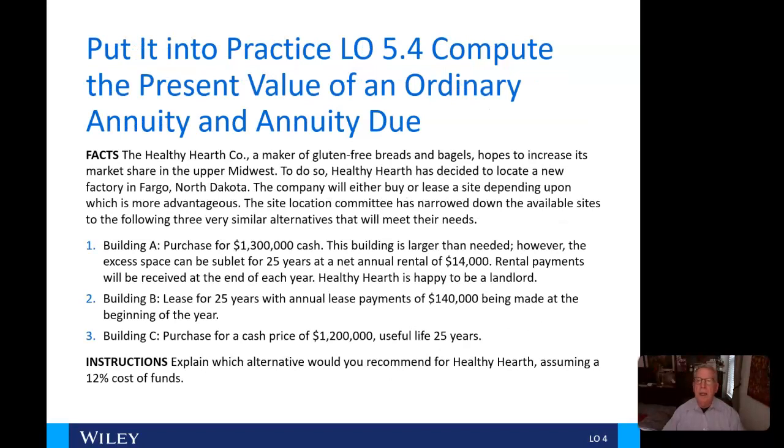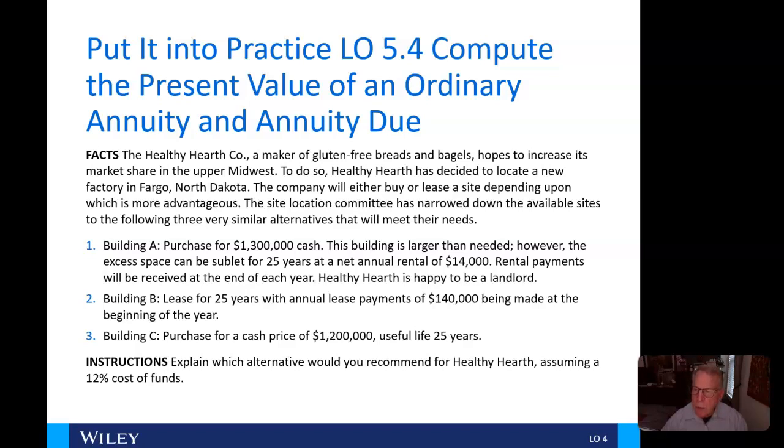All right, here, the Healthy Heart Company, a maker of gluten-free breads and bagels, hopes to increase its market share in the upper Midwest. To do so, Healthy Heart has decided to locate a new factory in Fargo, North Dakota. The company will either buy or lease a site depending on which is most advantageous. The site location committee has narrowed down the available sites to the following 3 similar alternatives that will meet its needs.